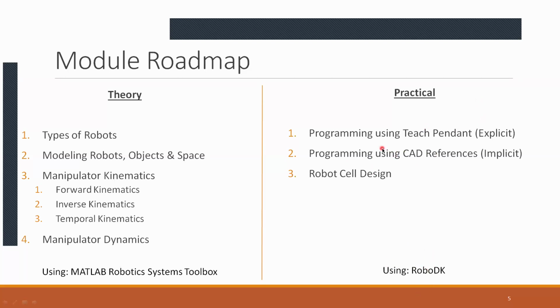And finally, we'll put to use what we have learned on programming robots. In addition to programming robots, we should also be able to design the upstream conveyors and downstream conveyors, any jigs and fixtures that should accompany robots. So all that is encompassed in robotic cell design.